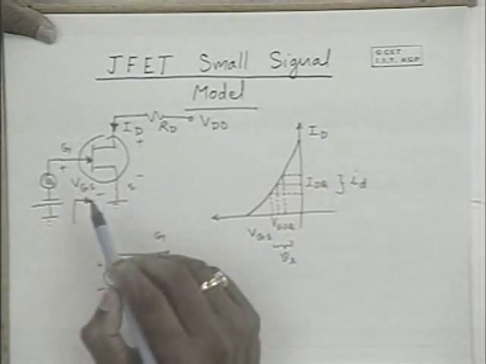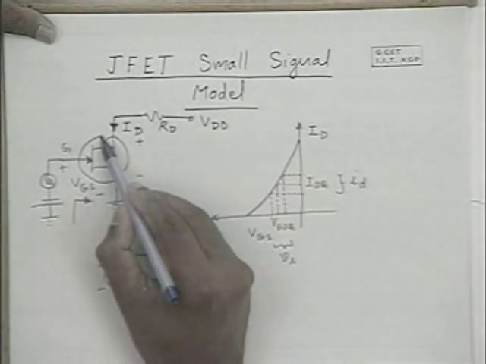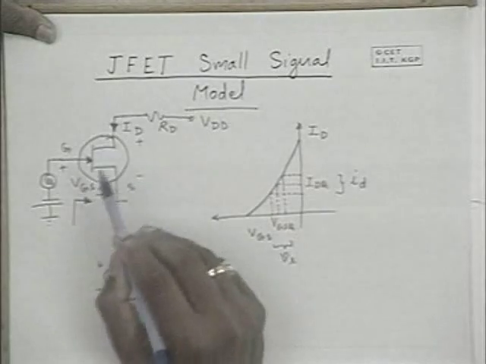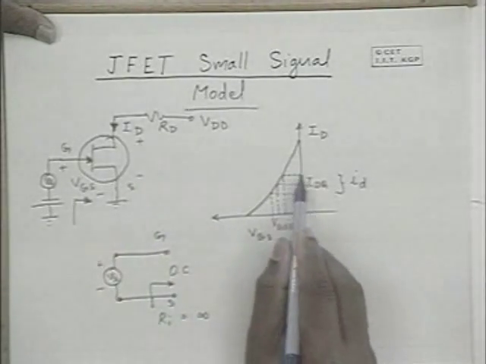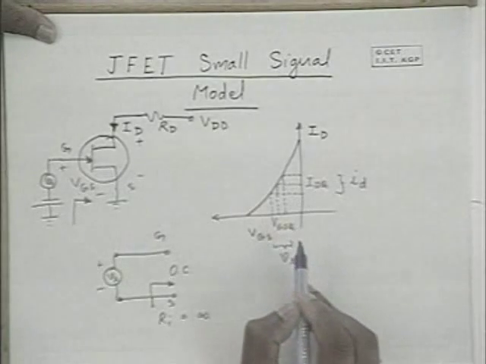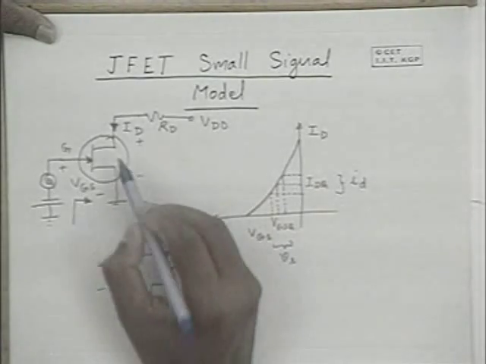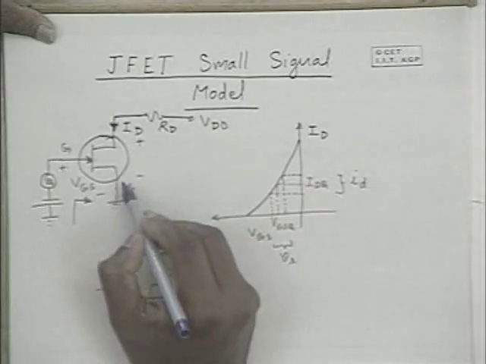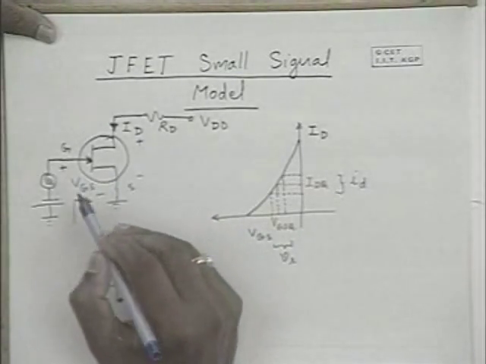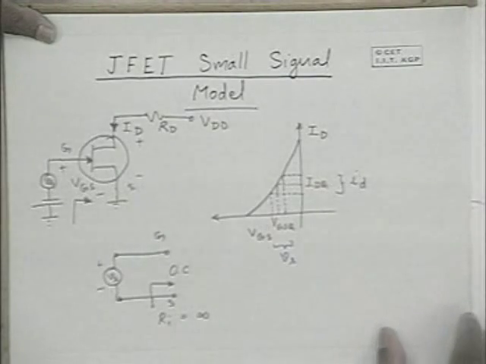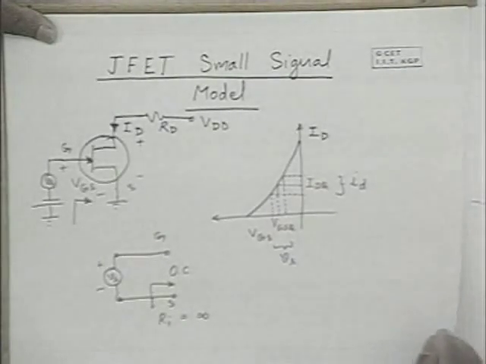So typically, what is the behavior here? The gate to source potential is creating a changing output current. That means on the output side, there is a current source whose amplitude is controlled by the input voltage variation.